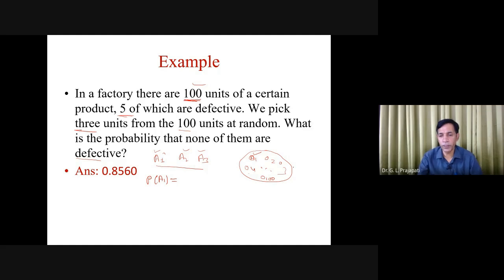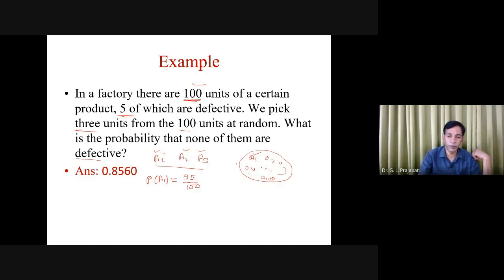At the beginning, out of 100, you are picking 1 unit, A1. Out of 100, 5 are defective, so not defective means 95 pieces, and the total is 100.